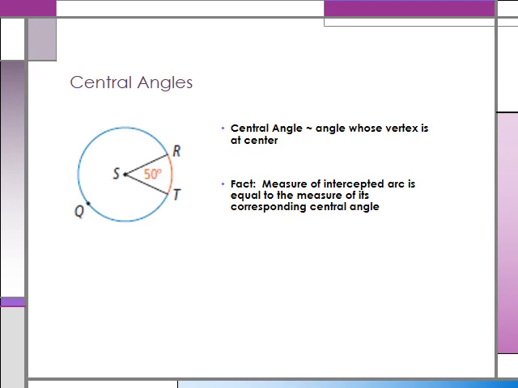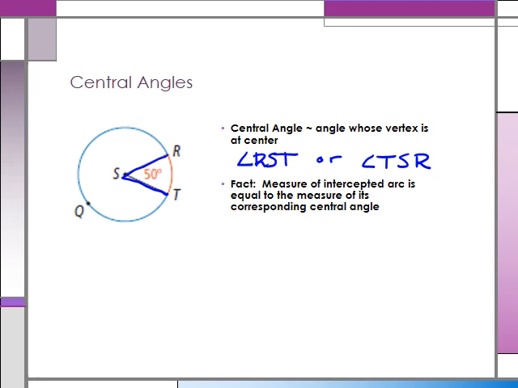Okay. Now, a central angle is an angle whose vertex is at the center. So here is the center of my circle, and here is my central angle, one of them. Okay, so that central angle would be angle RST or angle TSR. Now, the measure of what we call an intercepted arc.